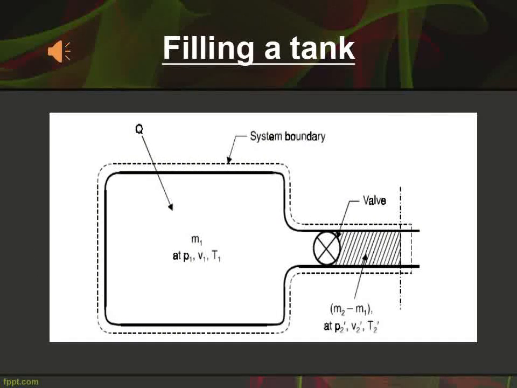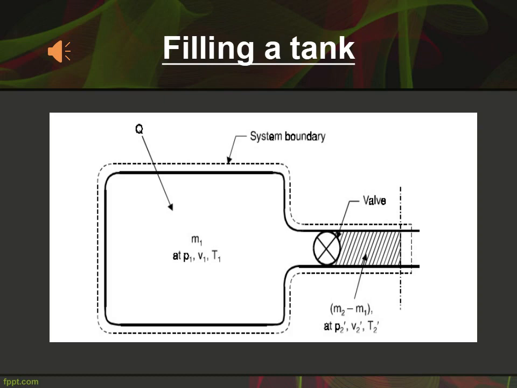Now let's come to the application part of unsteady flow. Filling a tank. Filling a tank is used in filling the LPG gas that we use in our household work. In this condition, one system is there, the valve is there, and our pipeline is there. The LPG gas is coming through the pipeline and entering the system, and there is a valve to control the flow rate of the gas.